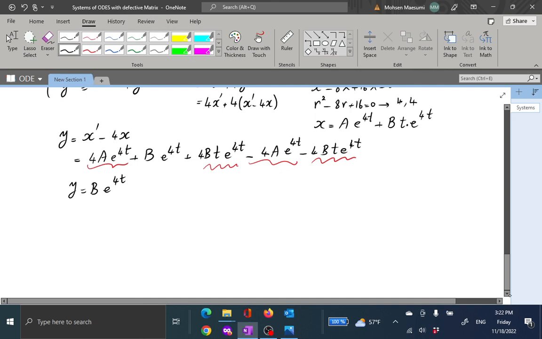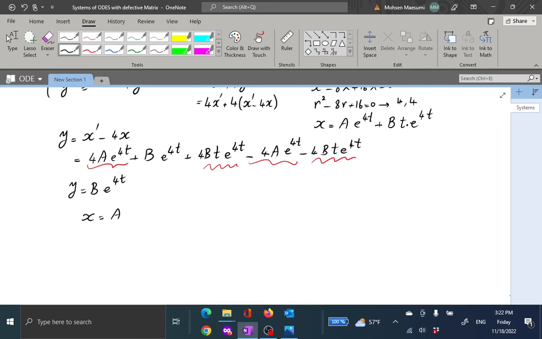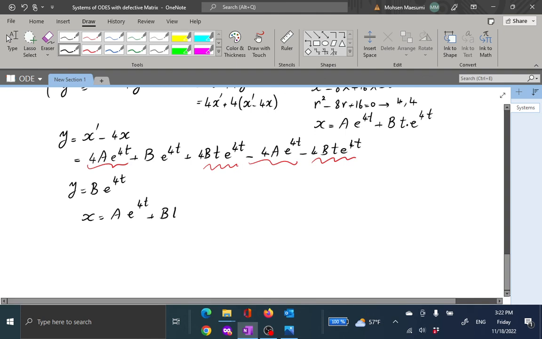So let's see, what did we have? We have x equal to a exponential of 4t plus bt exponential of 4t, and y is b exponential of 4t. There are various ways of writing this as a sum of two vectors.